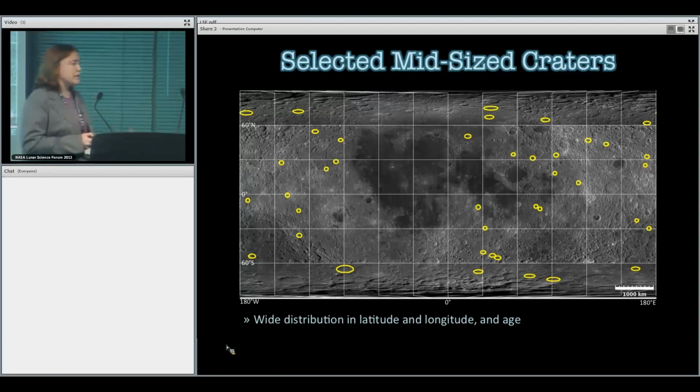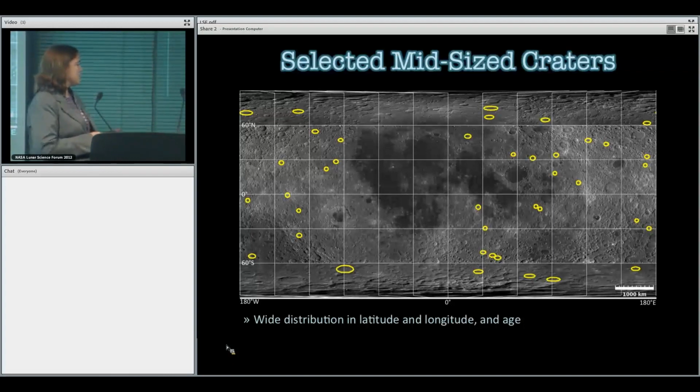The WAC mosaic is very nice, but there are still portions of it that aren't the best for examining crater distributions. We also had to consider secondary populations. We didn't want to examine craters with lots of secondaries on top of them.